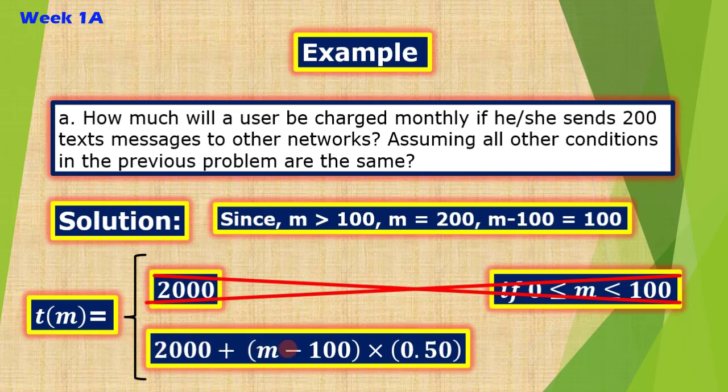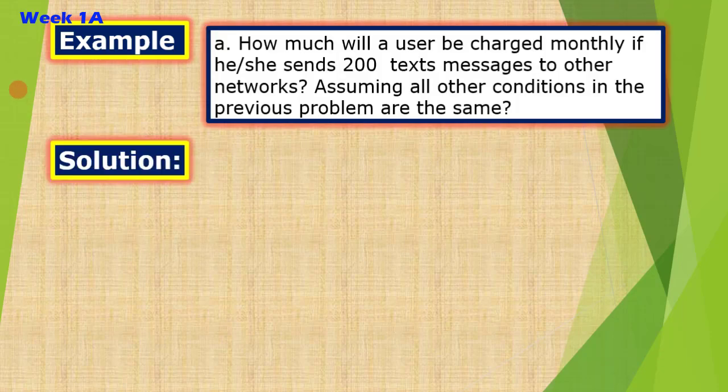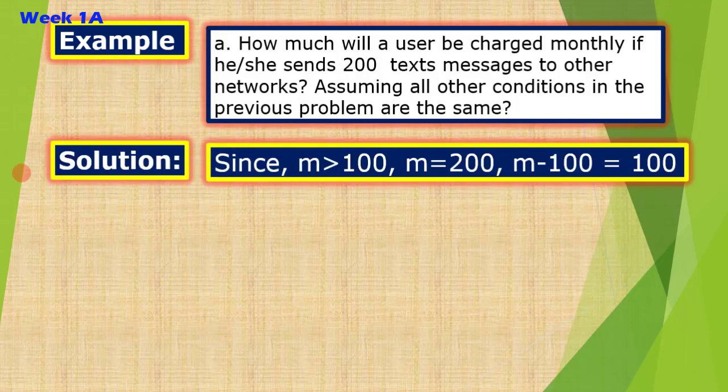So we have to use the second function. In this case, this is a linear function. And the condition here is that M is greater than 100. So we have to solve for the charges that will be charged to the user having M equals 200 text messages sent to other networks in a month.